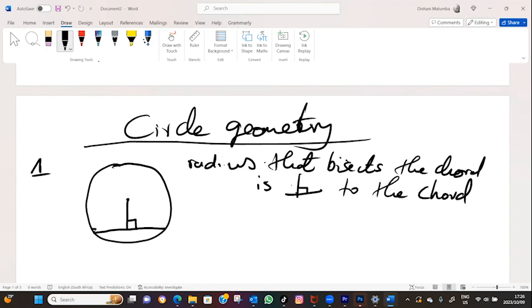Each and every time you draw a radius that bisects the chord, it is always at a right angle.